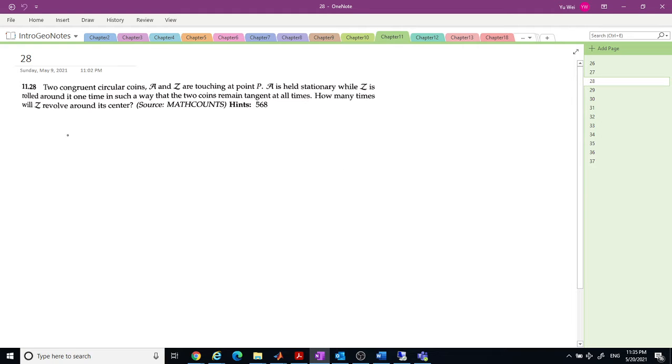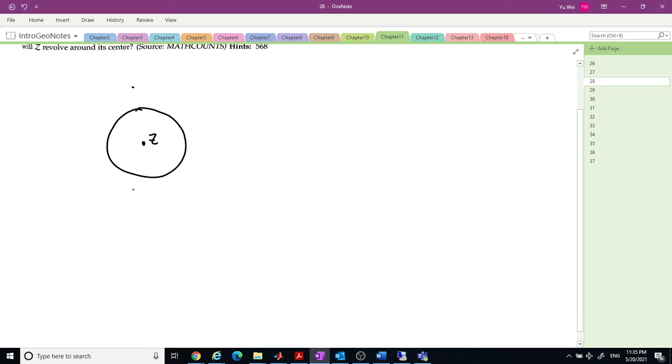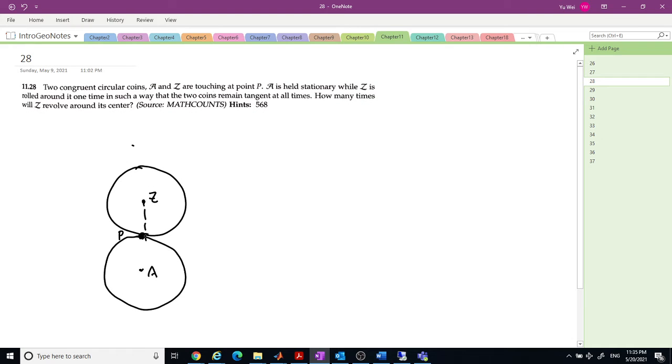Next, we have two congruent circular coins, A and Z, touching each other. We have circle Z and circle A, and the touching point is P. These two circles are congruent, so let's assume the radius is 1.